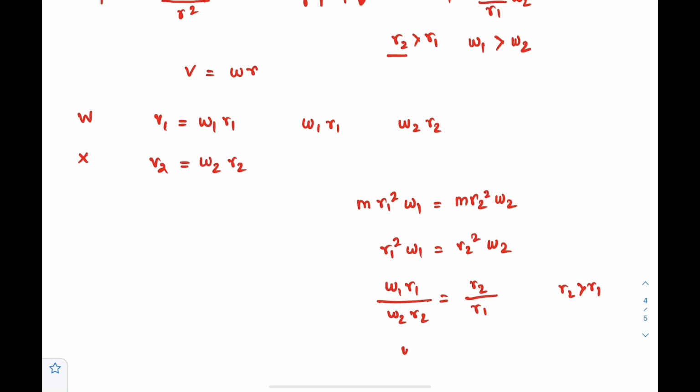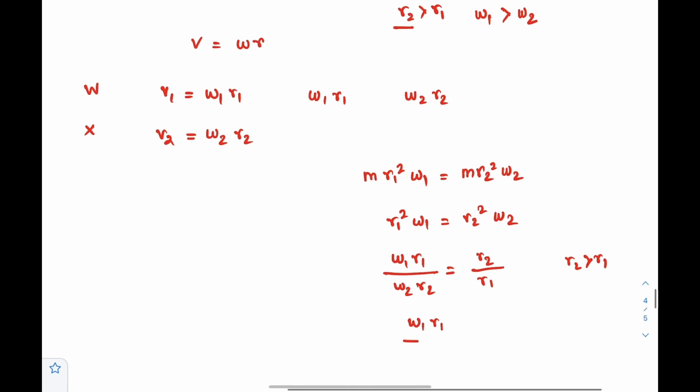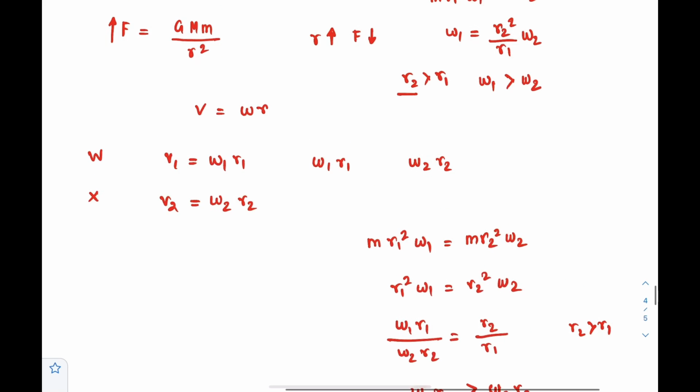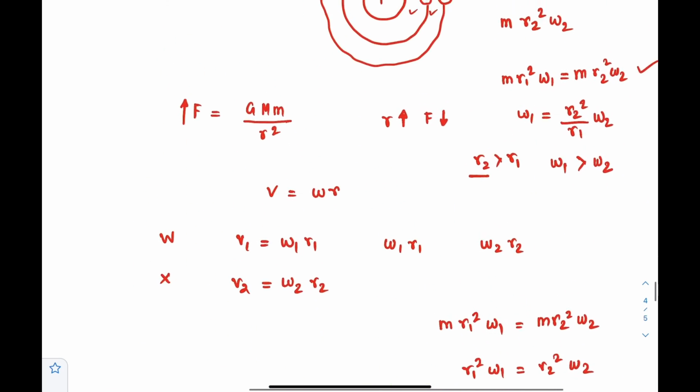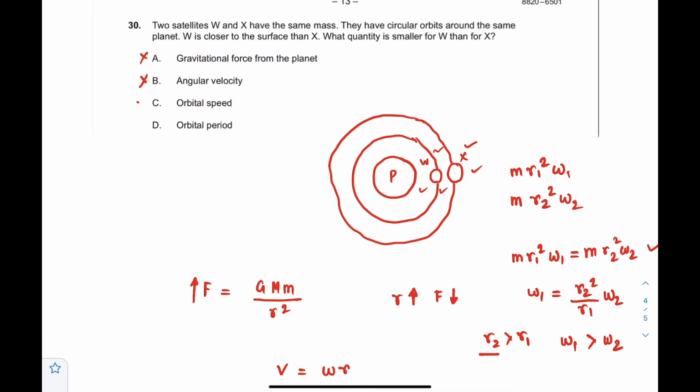So omega 1 r1 divided by omega 2 r2 is greater than 1, which means omega 1 r1 is greater than omega 2 r2. For satellite W the orbital velocity would be greater, so this is also an incorrect option.